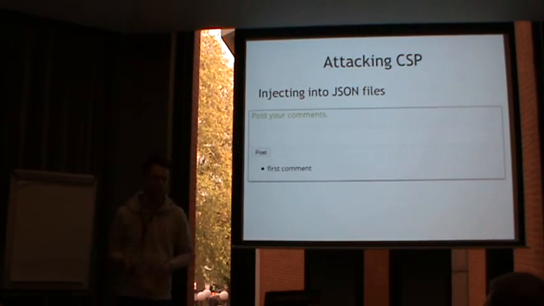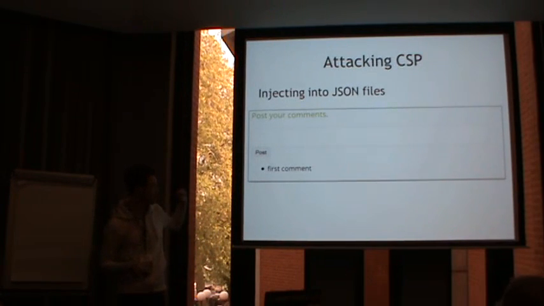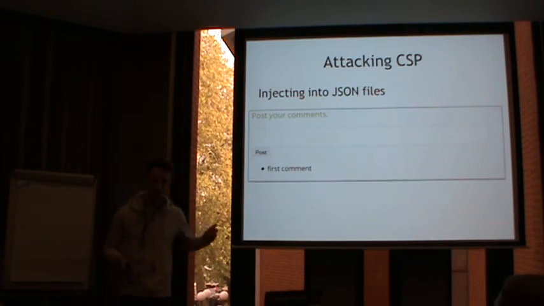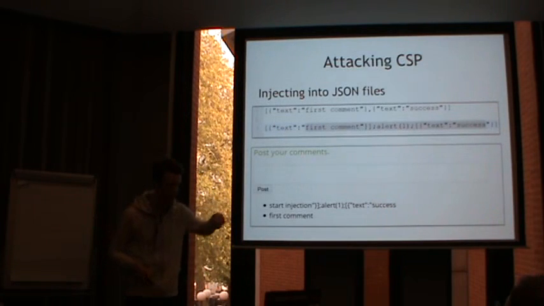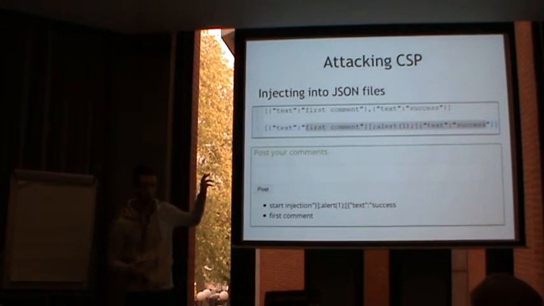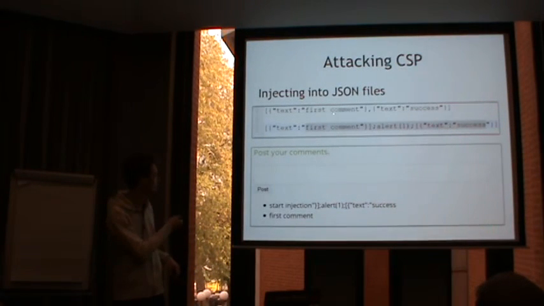I don't have to think about encoding stuff. It's just an easy example. You can just type in your comment, post it, and it's stored in the JSON file. These are two comments in the JSON file: you have your text field, then the first comment, and then the second comment.